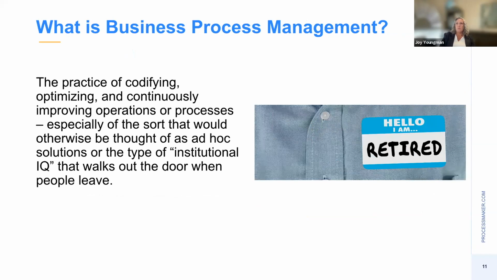It is the practice of codifying, optimizing, and continuously improving operations or processes, especially those that would be considered institutional knowledge, institutional IQ, that a lot of times, and we've seen this in the last couple of years in higher ed, walks out the door when people leave.